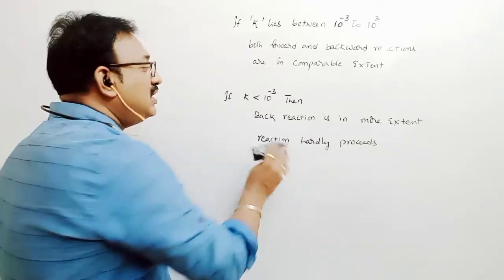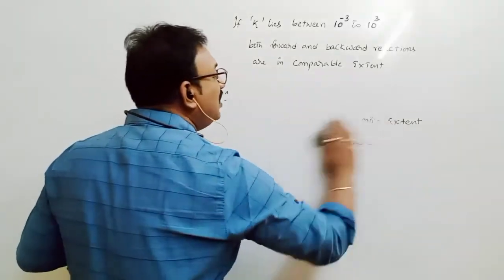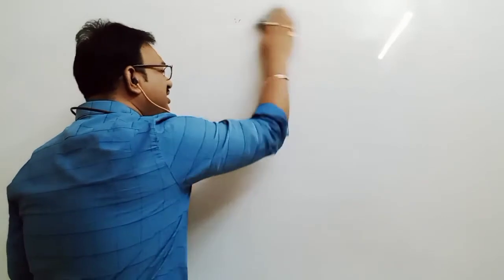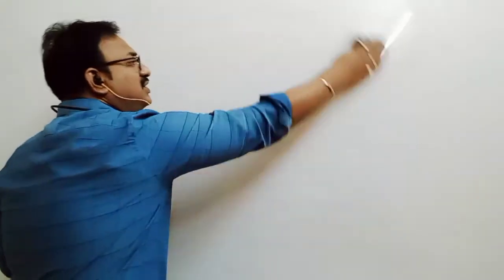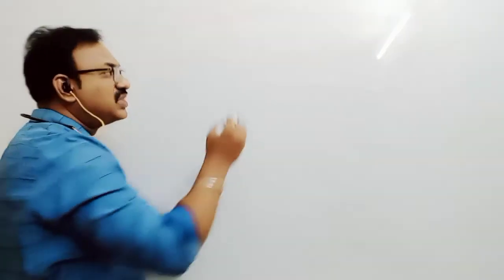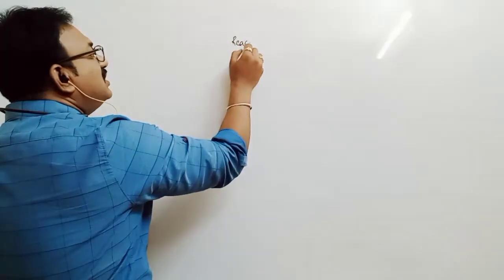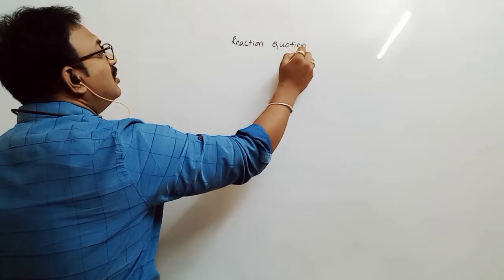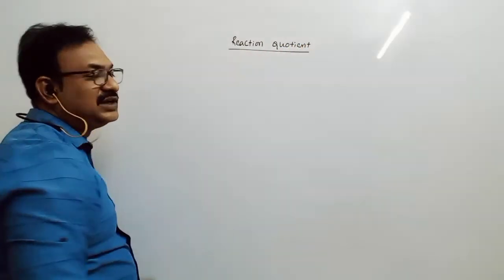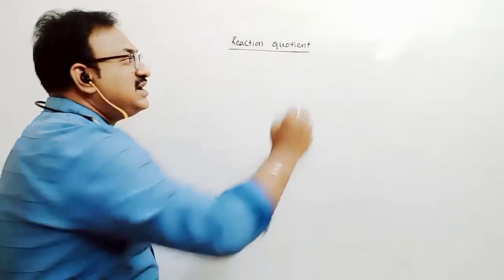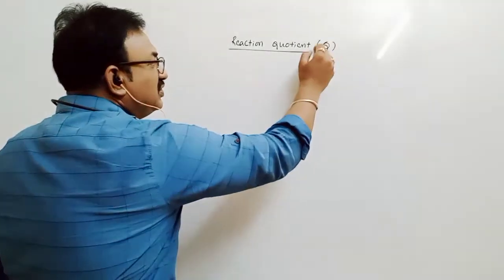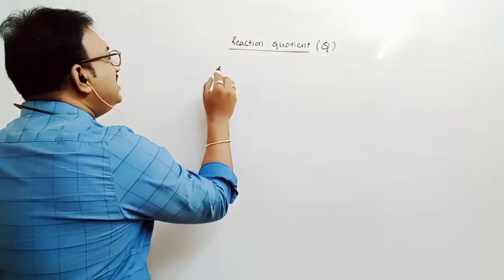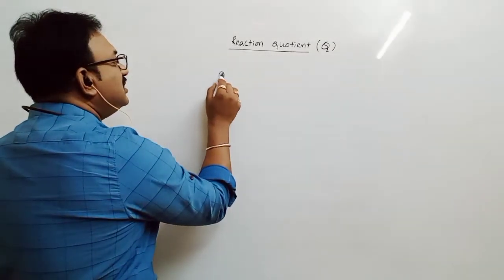So like that you can predict the extent of reaction on the basis of K value. Okay, right. And one more important aspect here is reaction coefficient. So all of you, let's go through that point also. So the next one, reaction coefficient. It is represented with a capital Q. Reaction coefficient Q. Okay. So what is reaction coefficient? Listen.